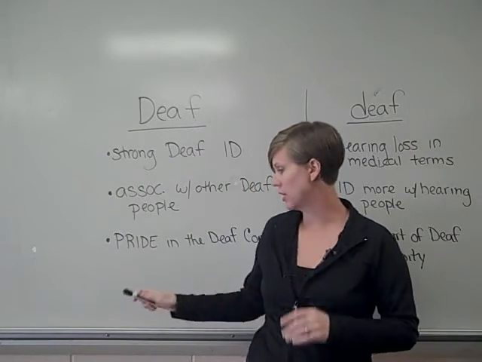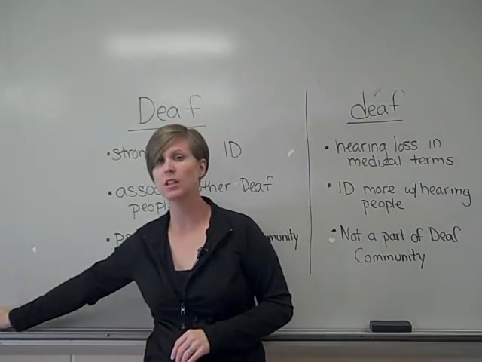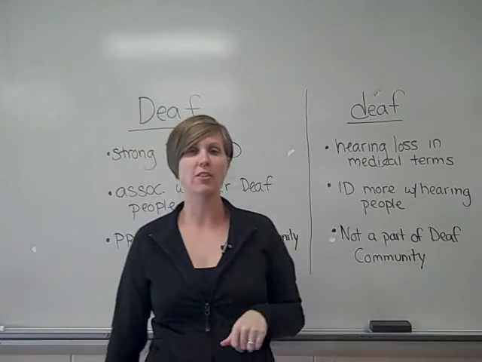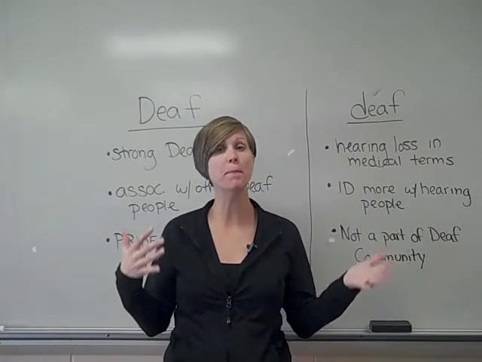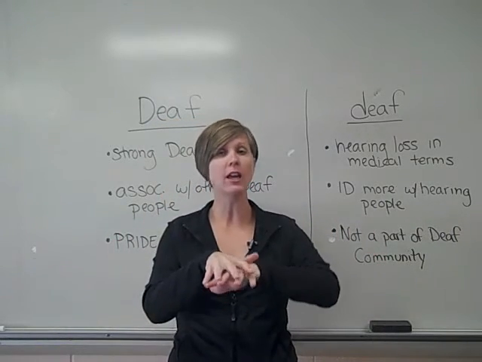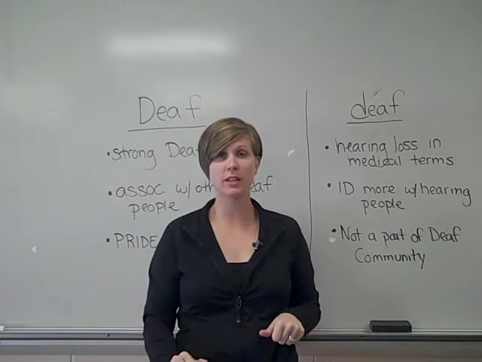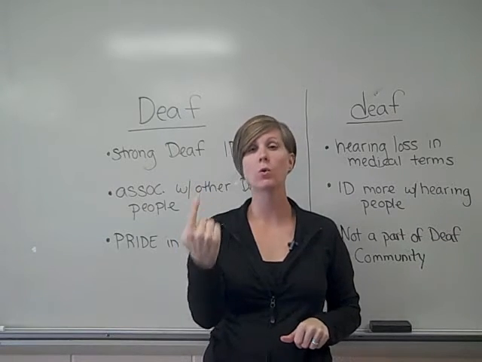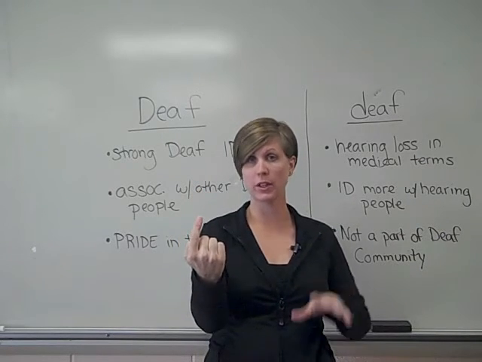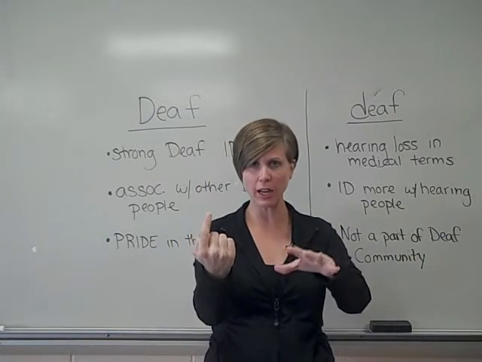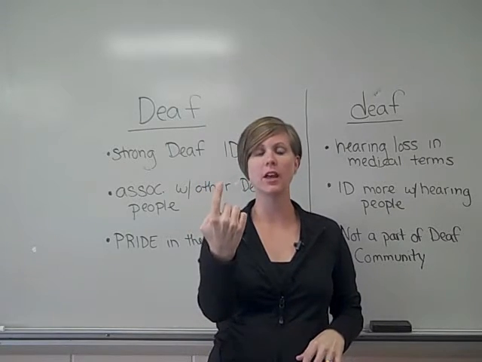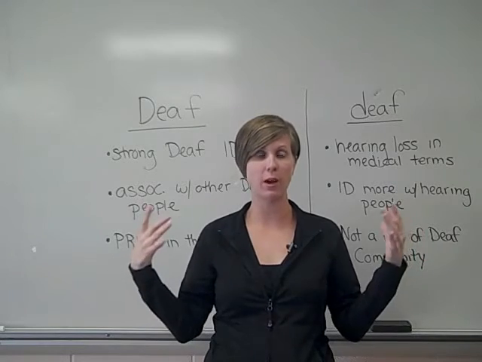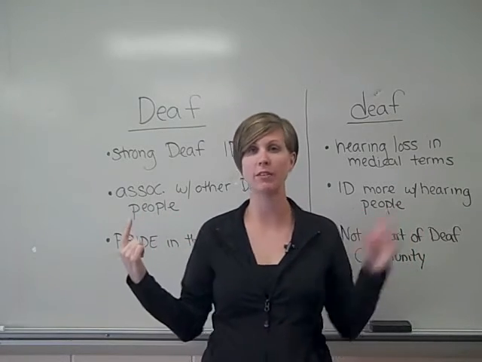To make some generalizations. Generally, if someone is lowercase d deaf, they may have been mainstreamed, okay? And that means that that deaf individual or that hard of hearing individual went to their public school within their school district or within their county, and that school had a majority of hearing people that went to that school, but they happen to have a hearing loss.